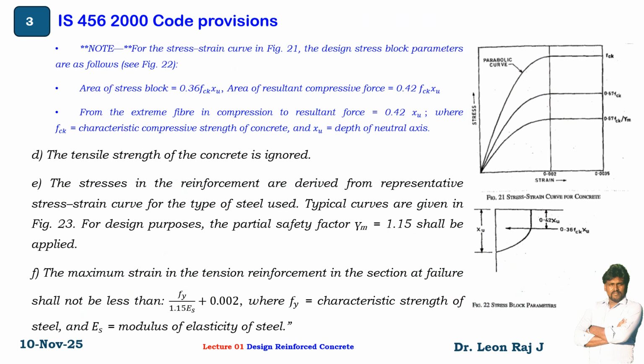Note for stress strain curve in figure 21. So this is figure 21. The x-axis is strain and the y-axis is stress. The maximum compressive strain is 0.0035, and here the strain is 0.002.